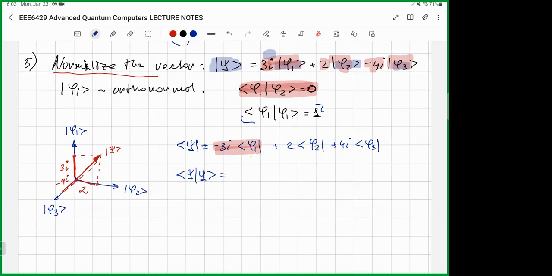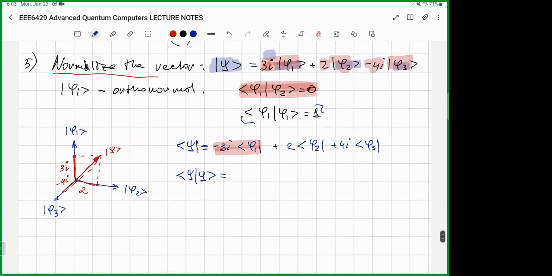For example, for the first one, I will have 3i phi1 times minus 3i phi1. Phi1 by phi1 gives you 1. So I'll get minus 3i times plus 3i, which is 9. Then plus, the same way, 4, and finally 16. So the result is 29.